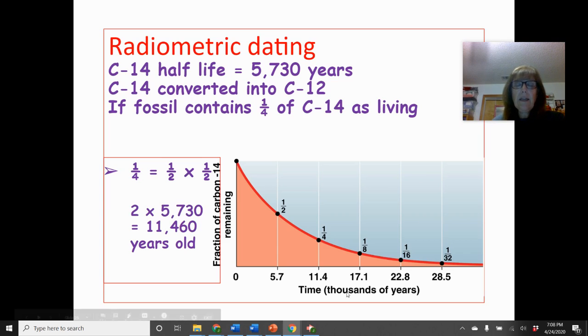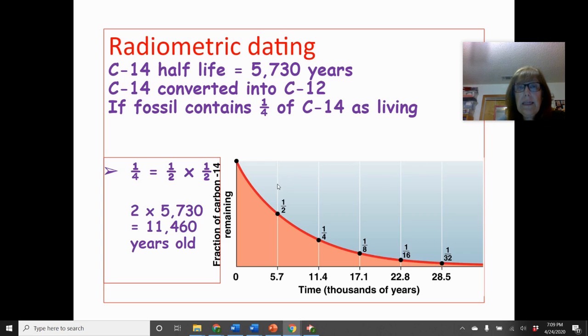If we start with 0, which would be my whole, and then we have a half of that, and then a half of a half is a fourth, and a half of a fourth is an eighth, and a half of an eighth is a 16th, and a half of a 16th is a 1/32nd, okay? So this would then represent my half-life, my 1. Then this would be my second half-life, my third half-life, my fourth half-life, and my fifth half-life.